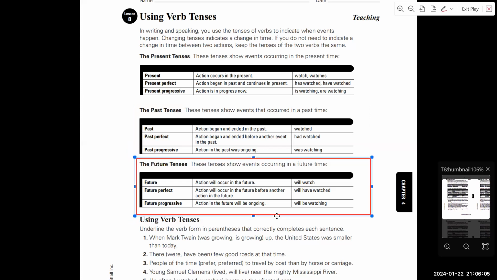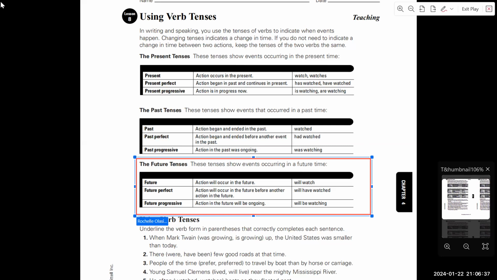And then here, you read. The future tense. This tense shows events occurring in the future time. Future: actions will occur in the future. Will. Future perfect: action will occur in the future before another action in the future.